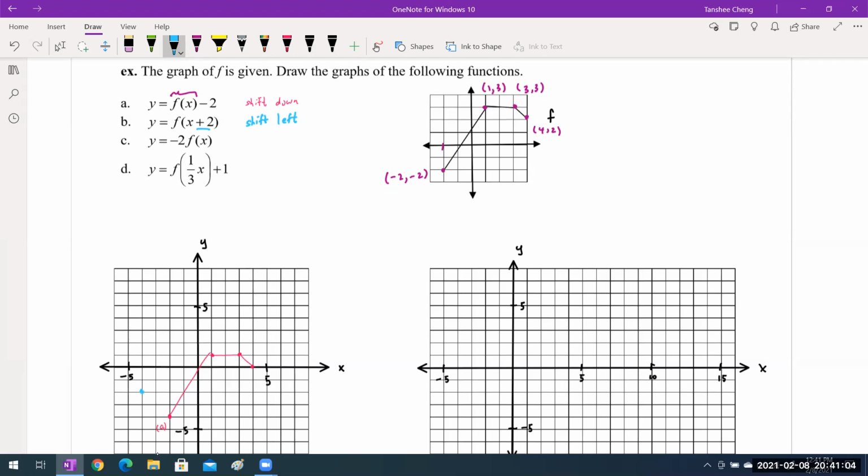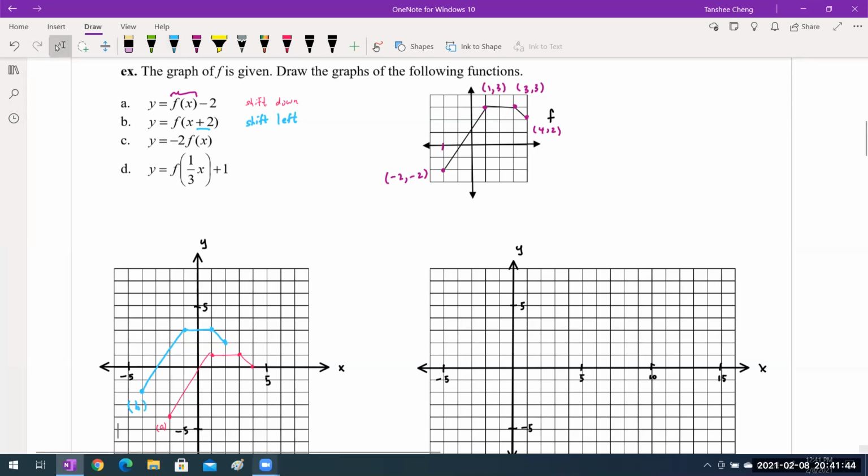And then 1, 3, shifted left 2 units, will become -1, 3. And 3, 3, shifted left 2 units, will become 1, 3. And lastly, 4, 2, shifted left 2 units, will become 2, 2. So this is horizontal shifting, which is shifting left and right. Okay. And this is my answer on part B.